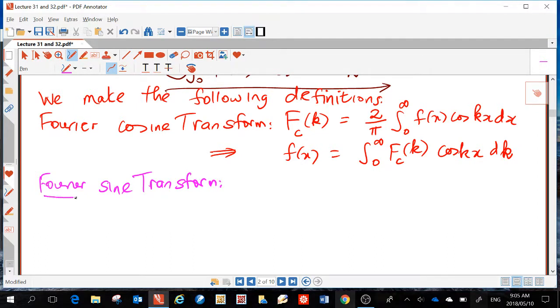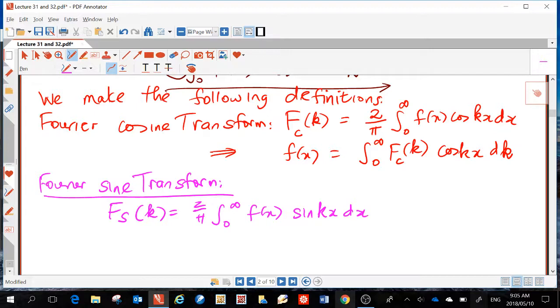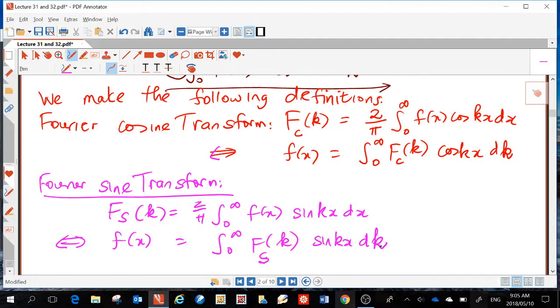Exactly the same appearance. We can say Fs of k will be 2 over pi integral 0 to infinity f of x sine kx dx. That implies and is implied by f of x, never both sides, is integral from 0 to infinity Fs of k sine kx dk. Moral of the tale is it goes from 0 to infinity, and it's 2 over pi there, and there's 1 there. These are the definitions.